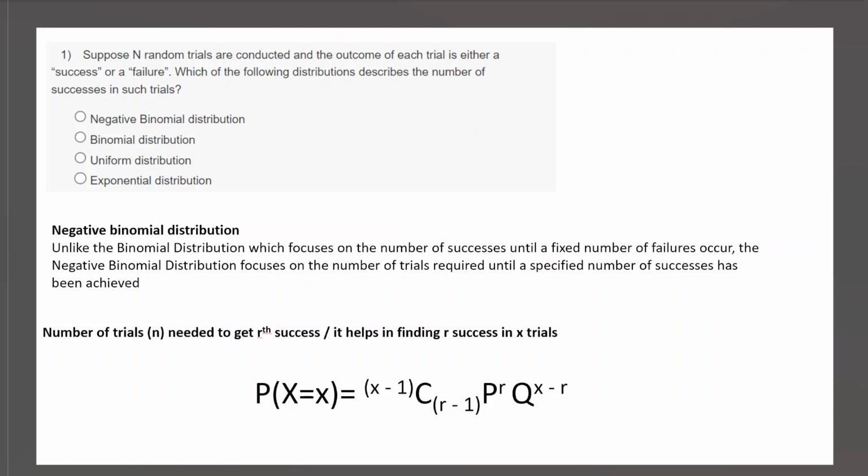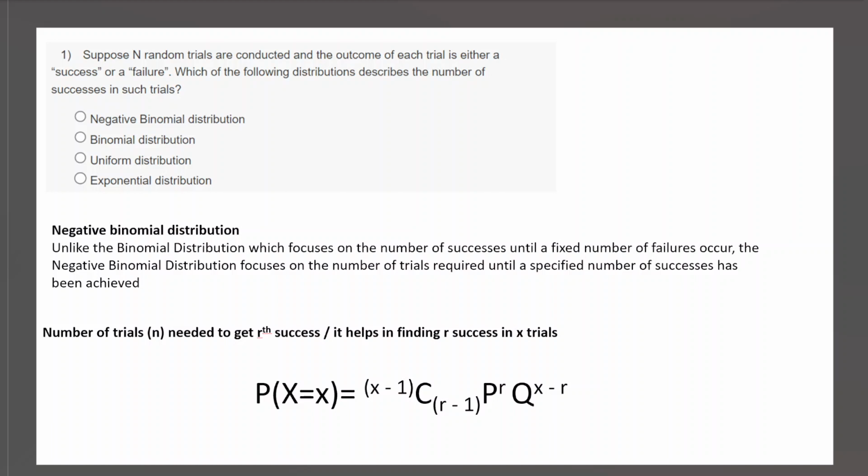Okay, so in such an experiment or random trial, which of the following distributions describes the number of successes in such trials? Since it is a success or failure, only two outcomes are there. They are asking for the number of successes.